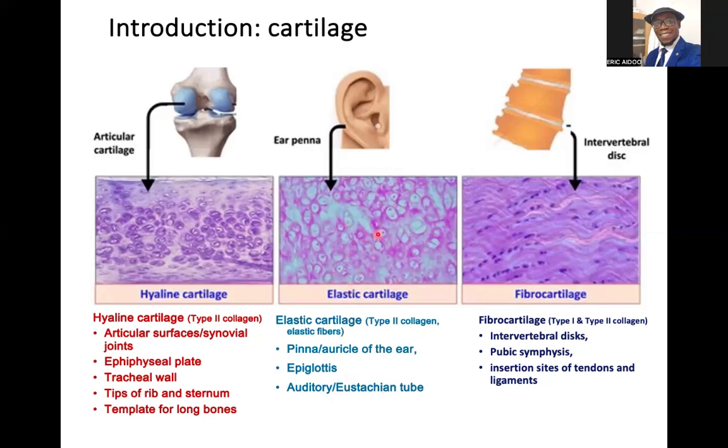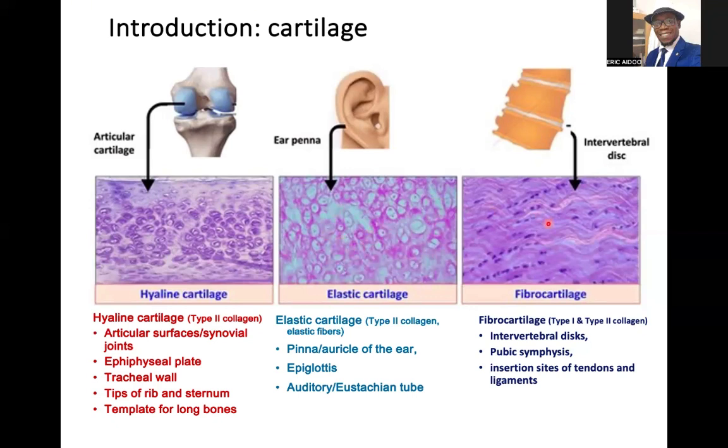Basically, this is how it looks. Compared to the hyaline cartilage, you realize that the cells are not grouped so densely in a populated medial portion. This is a bit scattered, with some fibers in the background. We will look at that in more detail.